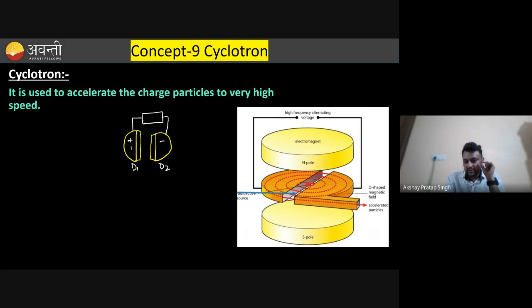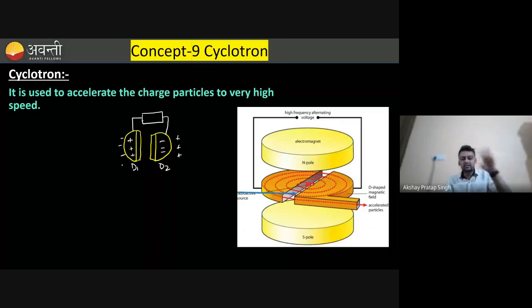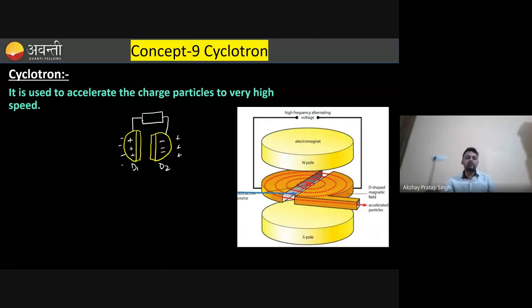Initially, let's suppose D1 is positively charged and D2 is negatively charged. After some time, D2 will become positive and D1 will become negative. So this is the task of the high frequency oscillator, to provide the polarity to the Ds and to change it. High frequency means it performs these tasks very quickly. This is why it is high frequency.